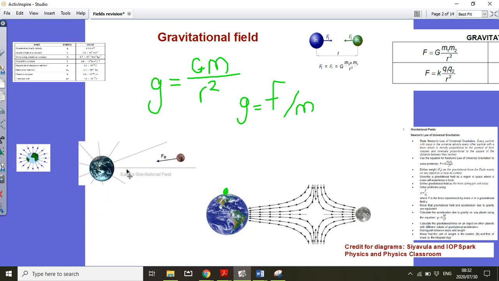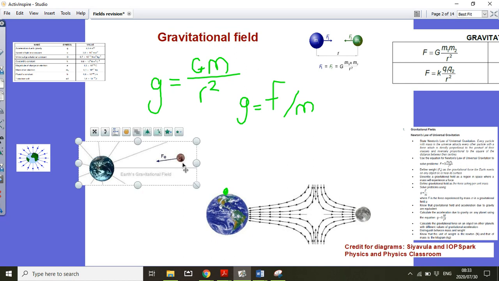If they're asking you about the field created by the Earth, then this equation tells me that this is, remember that was the Earth. So the field created by the Earth, the big M would be the Earth. So the object responsible for the field, for forming the field, is going to be the capital M.